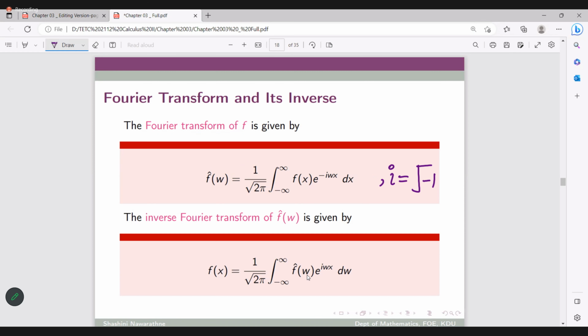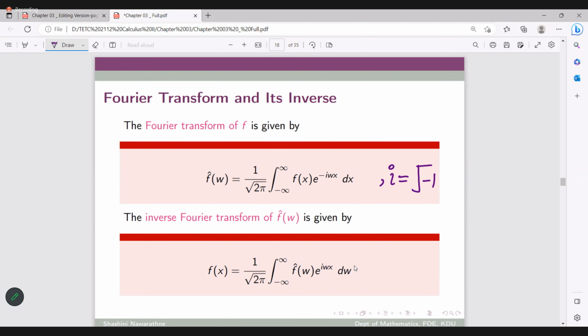If we have f hat w, the Fourier transform of f, then we can find the original function f of x by considering the integration 1 over square root of 2 pi, integral from minus infinity to infinity of f hat w e to the power iwx dw.